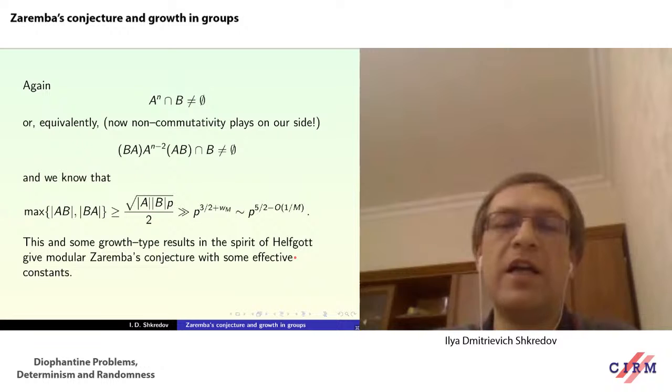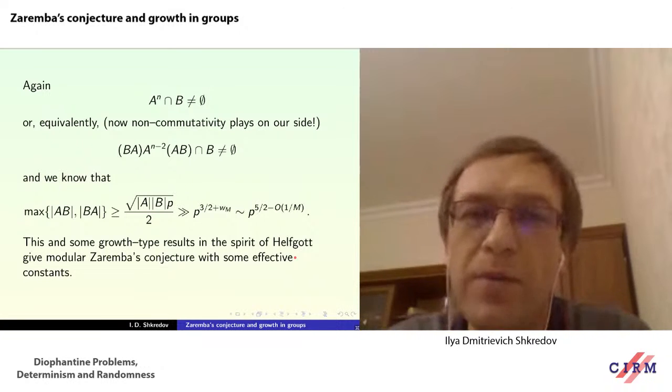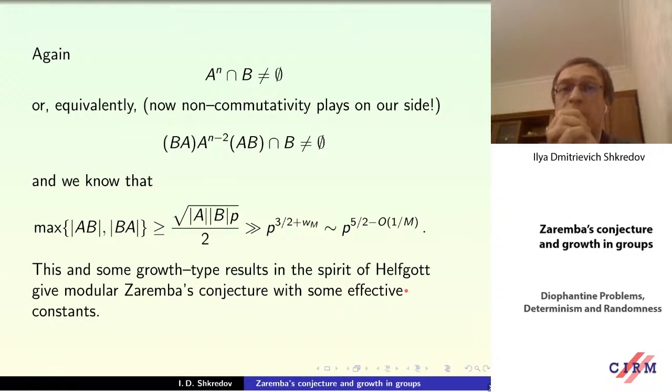But maybe it's the most attractive point of our proof that this non-commutative problem is actually a little bit easier than the classical analytical problem, because at this point of the proof, non-commutativity helps us. I mean the following: we want to find a non-empty intersection by multiplying from the left and from the right.